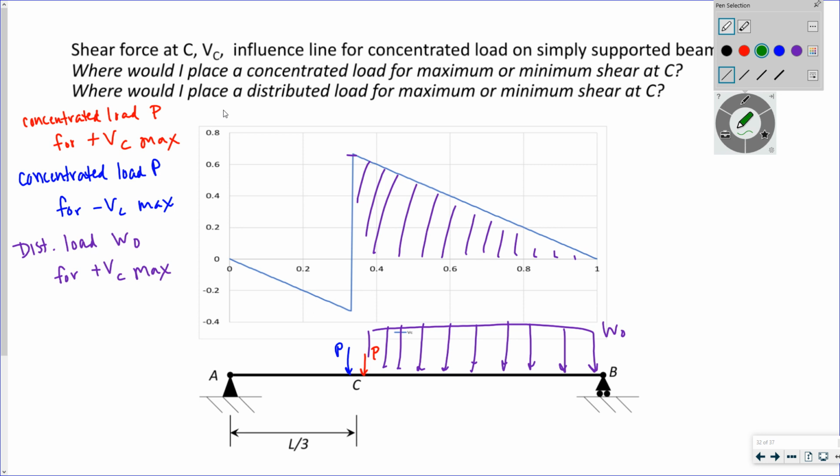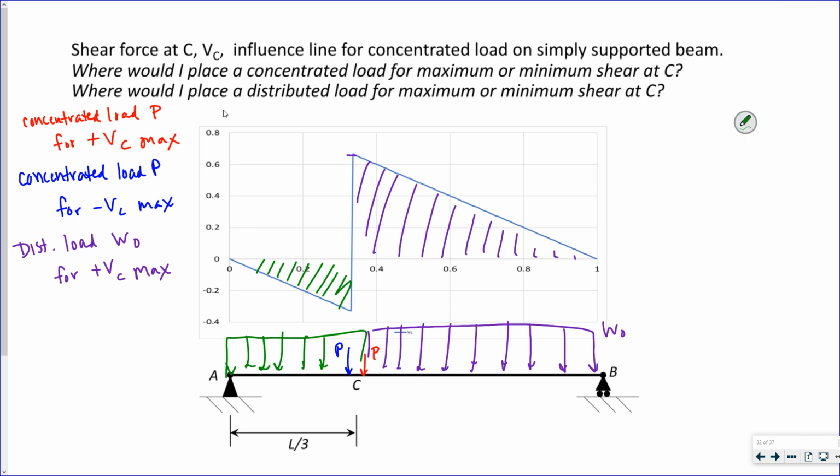I'd put it on the first third, right? Maximum negative shear or minimum shear.